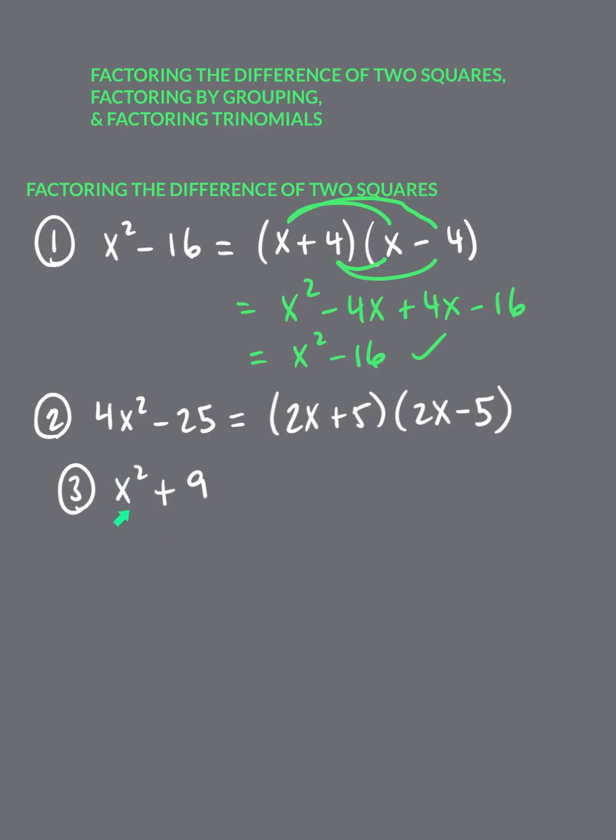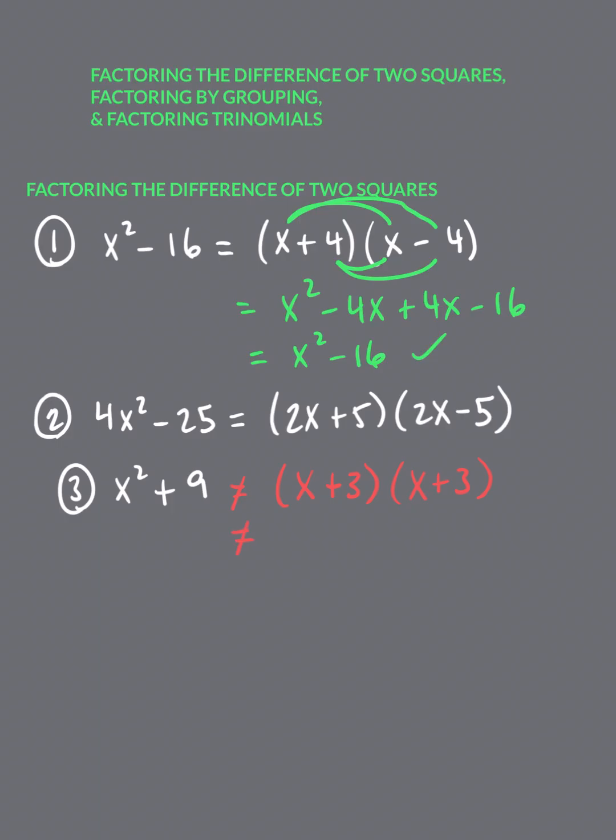Yes, the square root of x squared is x, and this is also a perfect square, but if you try to factor this as x plus 3 times x plus 3, you would get 6x in the middle, which you do not have here, because you would have x times x is x squared, x times 3, 3 times x again, and then 3 times 3. So having a plus and plus would not give you this because you're missing the 6x here.